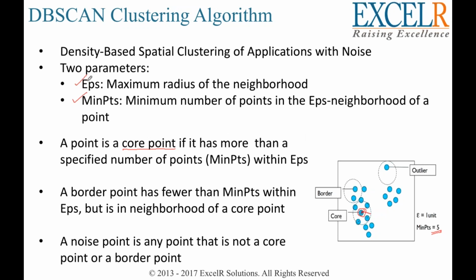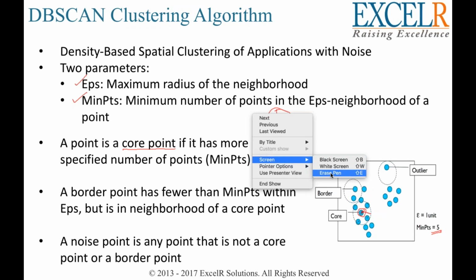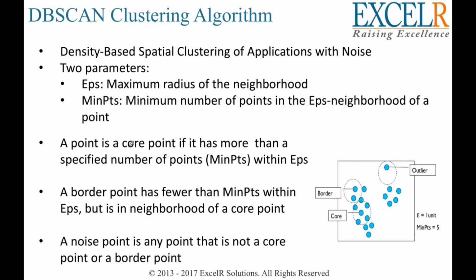So EPS and minimum points, think about these as, say, K in K-means clustering. Within K-means clustering, what is K? The number of clusters. That's a parameter we are discussing, like your linear regression has beta naught, beta 1 and all that.